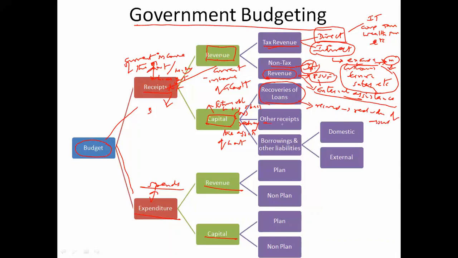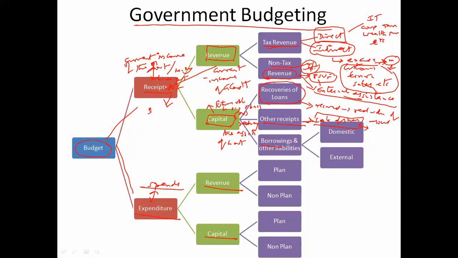Okay. Second, here other receipts means like sale of shares. Suppose government has a public sector undertaking. If it gets dividend or profit in that, does not lead to any reduction in its asset. But if it sells its shares, then it leads to reduction of the asset of the government.